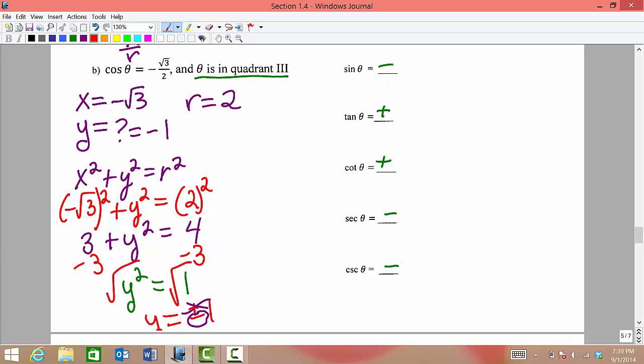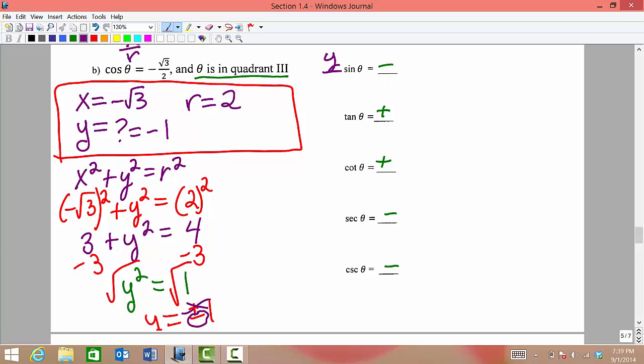Now let's figure out the values of all of our trig functions. Sine is y over r, so the y value is minus 1, or just 1. We already have the sign there. 1 divided by our r value of 2, so sine is equal to negative 1/2. Tangent is y over x.